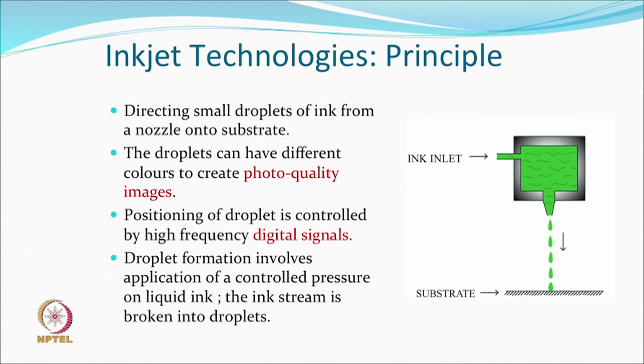So, in principle what you are looking at, you are supposed to create droplets and throw it onto the substrate, which is in our case textiles. So, droplets can have different colors to create photo quality image. Now, the position of the droplet has to be controlled, possibly at a very high frequency, because a large number of droplets have to be produced in a very short period of time. So, when we talk about frequency, we are really talking about high frequency.